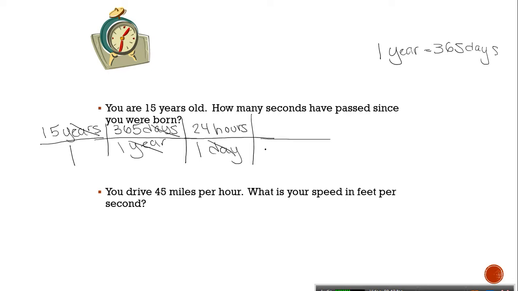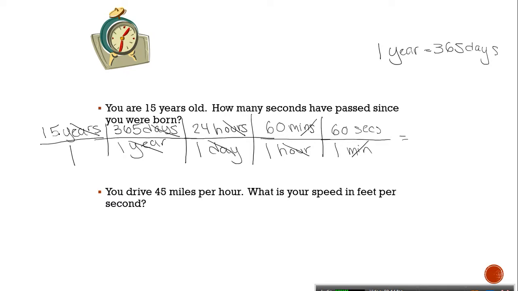So 1 hour is 60 minutes. Hours are going to cancel out. Notice how all these keep canceling as I bounce. Now 60 minutes, I'm still not at seconds. So 1 minute must be 60 seconds. So now I'm at seconds.